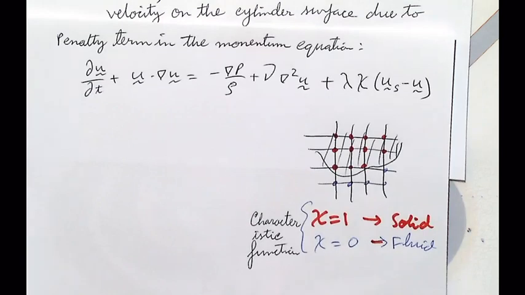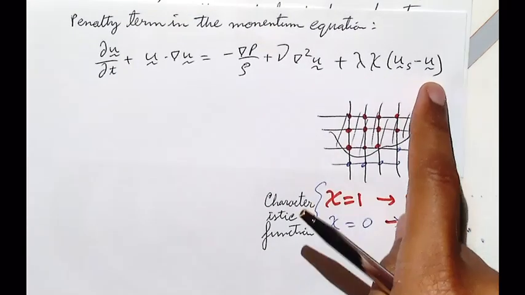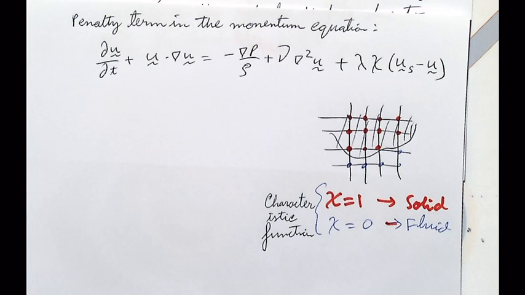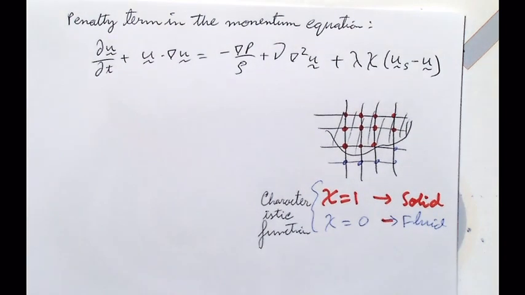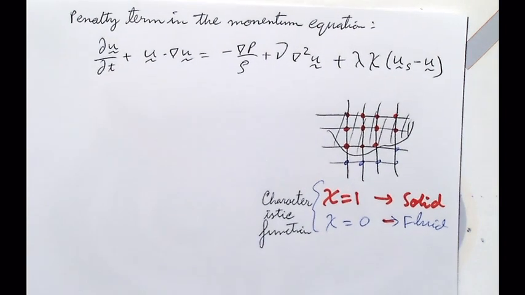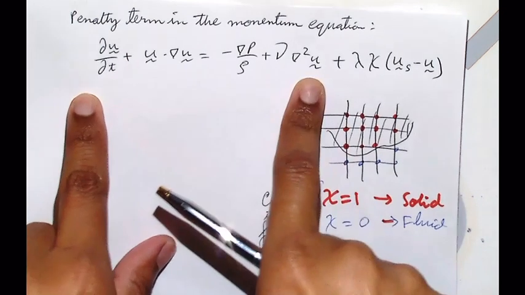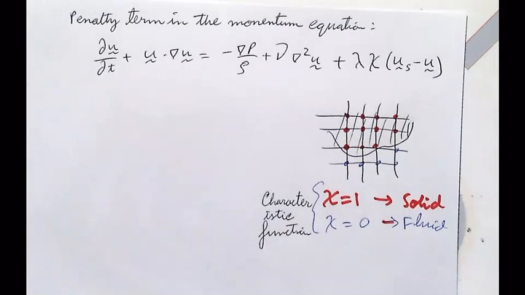Okay, and if you remember what the term is doing, do you remember what the term is doing? So we have the normal Navier-Stokes and this extra term, and this extra term is doing something special.